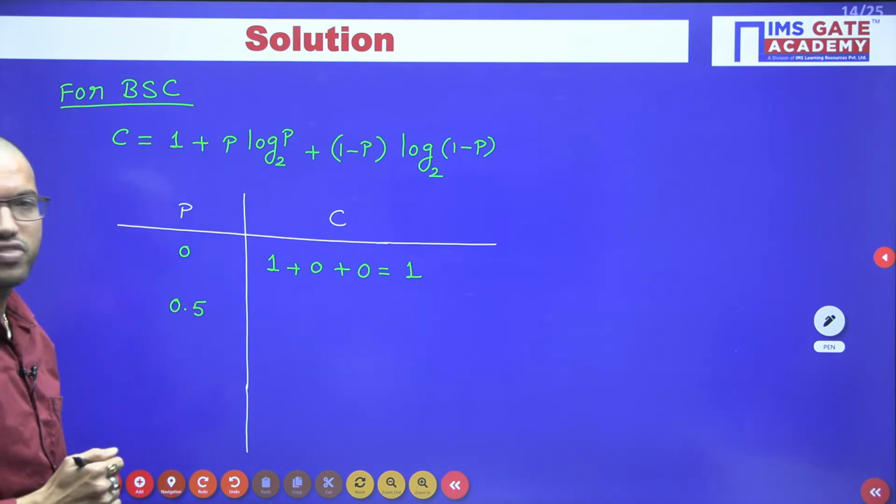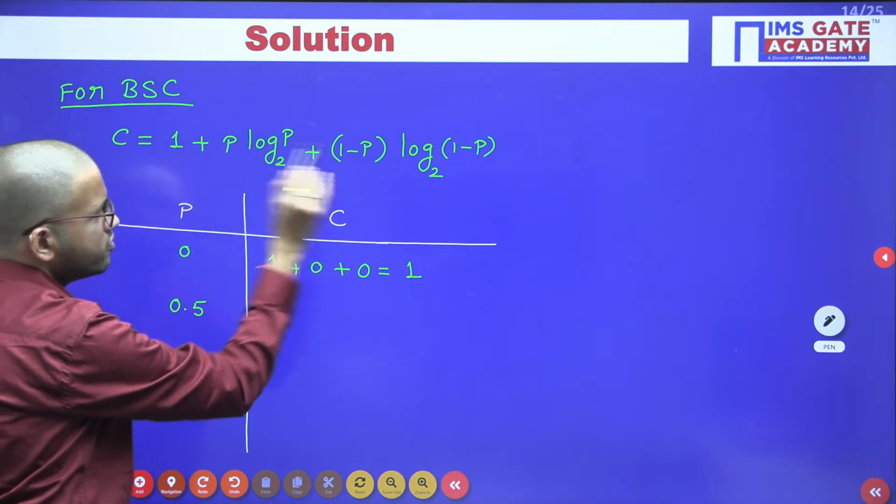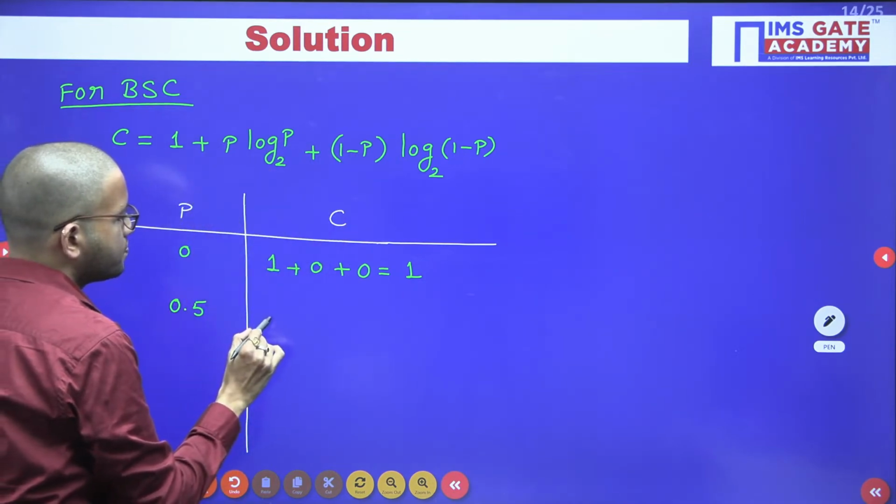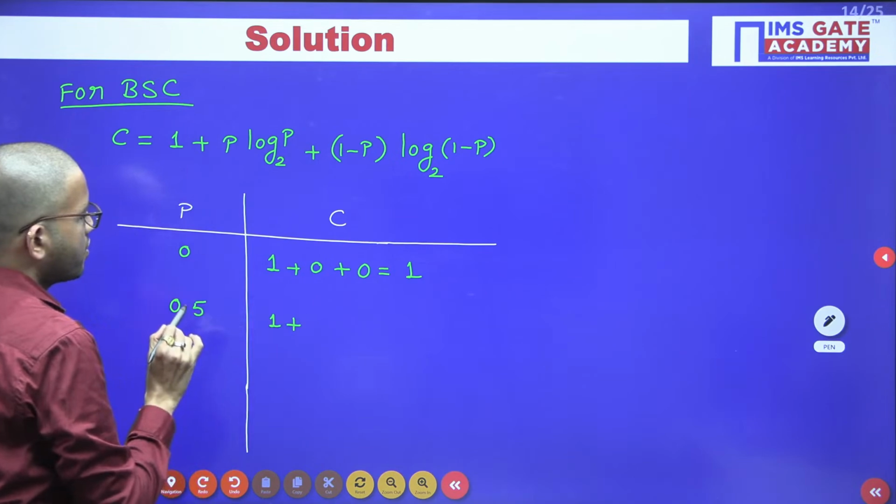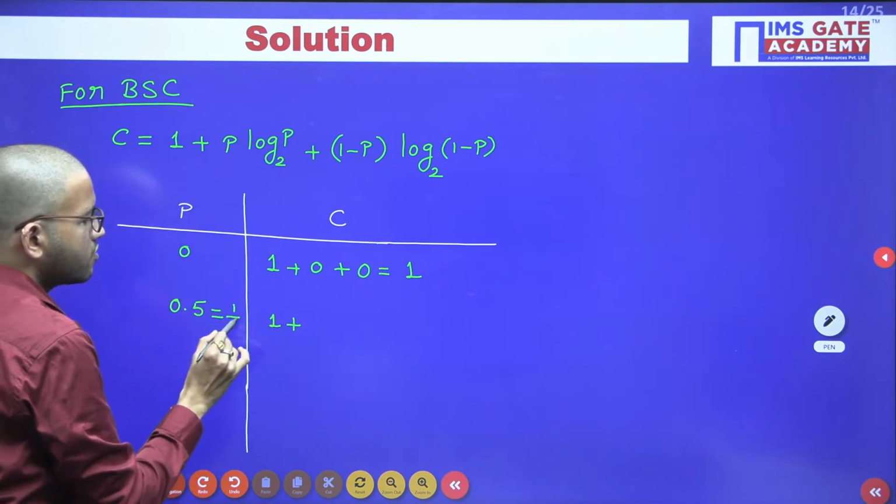P value as 0.5. Substitute 0.5 wherever P is there. 1 as it is. For convenience, 0.5 we can write as 1 by 2.